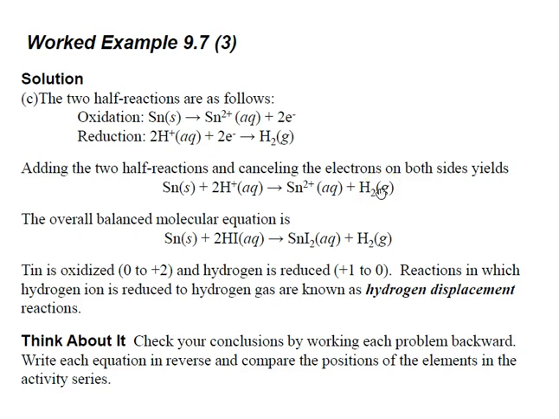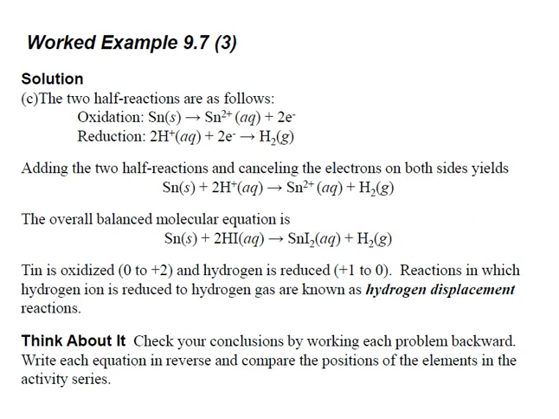Our overall balanced molecular equation would be if we added in the nonmetal ionic parts for our two charged pieces. So we have tin plus hydroiodic acid, and then the tin iodide and hydrogen gas.